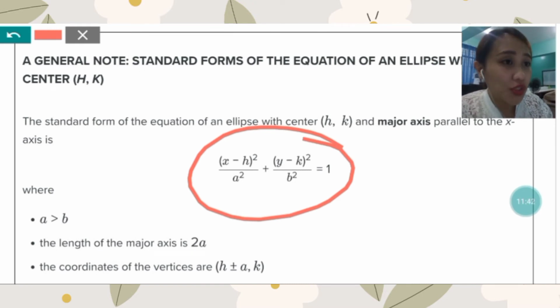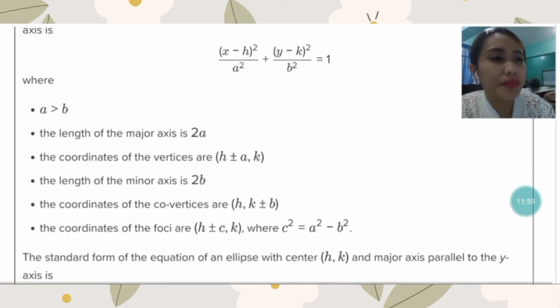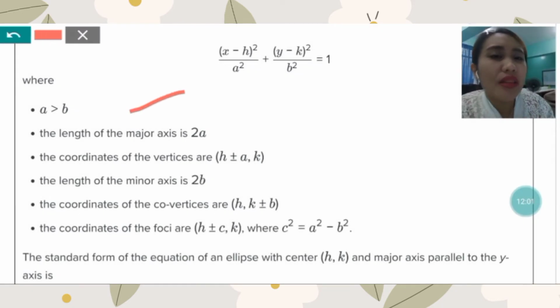(x minus h) squared over a squared plus (y minus k) squared over b squared is equal to 1, where, same with the previous discussion, a is greater than b. The length of the major axis is still 2a, since it's a units to the right, a units to the left. The coordinates of the vertices are (h plus minus a, k).